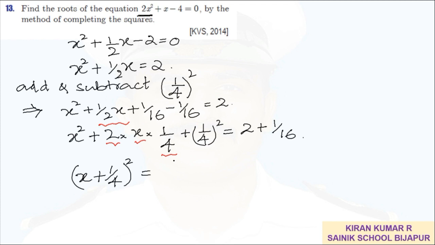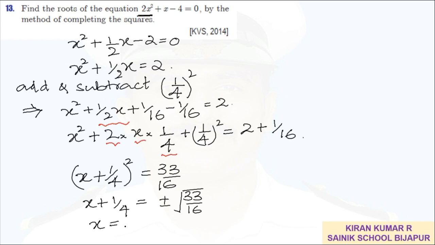The LCM is 16. When we take the LCM, 16 has to be multiplied to 2. It becomes 33 upon 16. Therefore, x plus 1 by 4 will be plus or minus root of 33 upon 16.